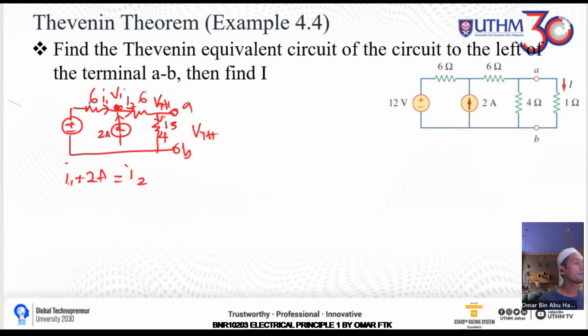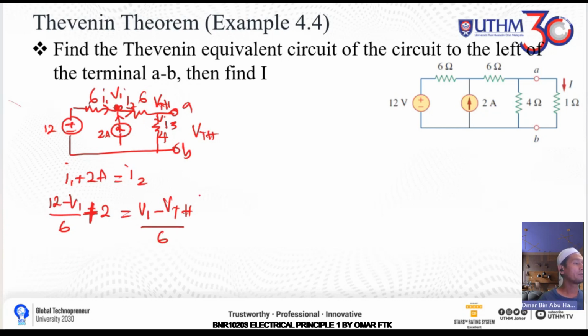So I1 is 12 volt minus V1. This one minus this, you will get the voltage for the 6 ohm resistor, and then divide by 6, you will get the current I1. And then plus 2 ampere equals, for the I2, V1 minus VTH, divided by 6. This is for the I2.